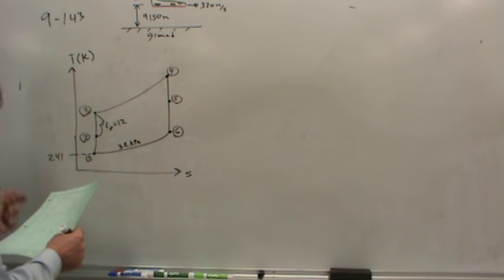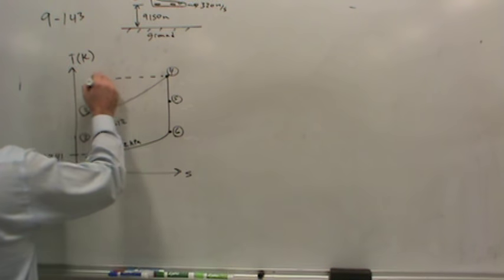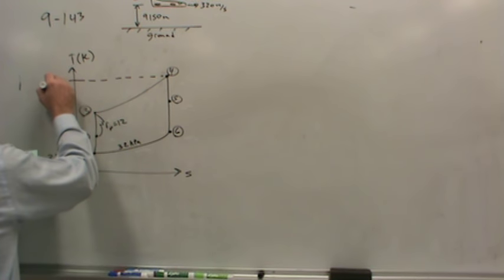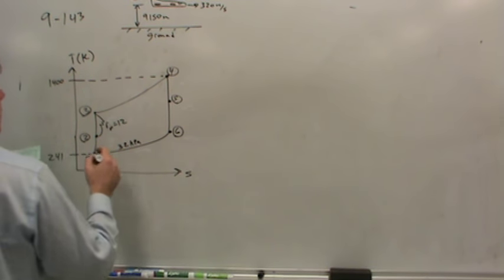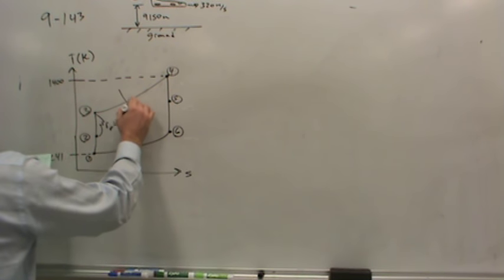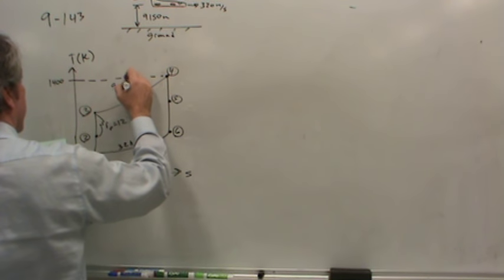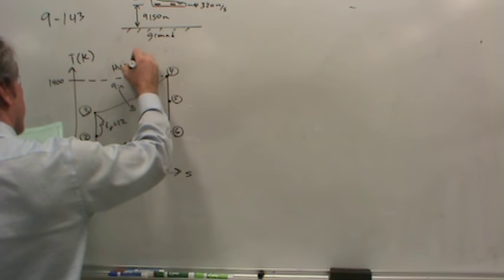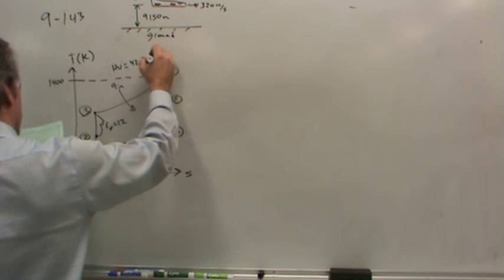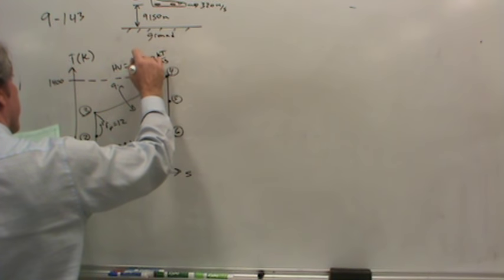Okay, what else did they give us? They told us the maximum temperature, or essentially the temperature going into the turbine. That was 1400 Kelvin. And they told us the heating value of the fuel, which relates to Qn. In fact, the heating value of the fuel is 42,700 kilojoules per kilogram.